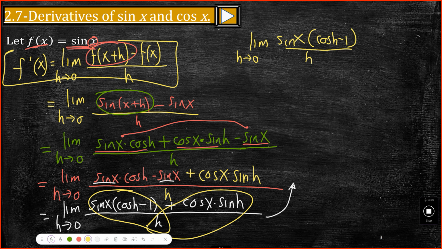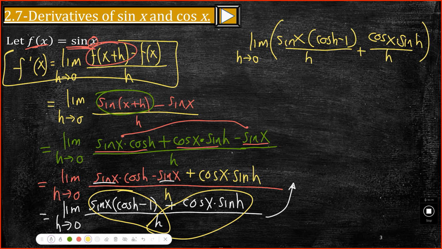And we're also going to distribute the limit. Or you know what? Let's just separate it for right now. Plus cosine x times sine h over h. So the limit as h approaches 0 of this quantity.